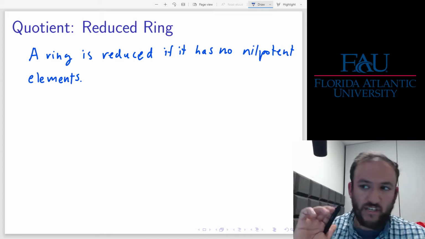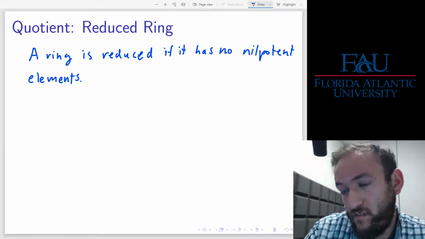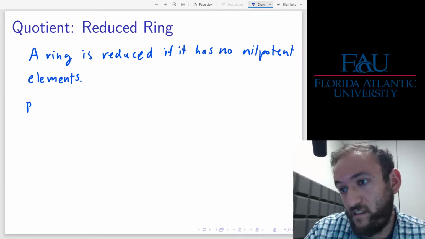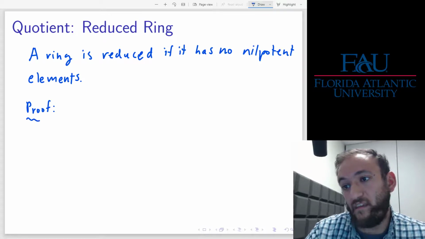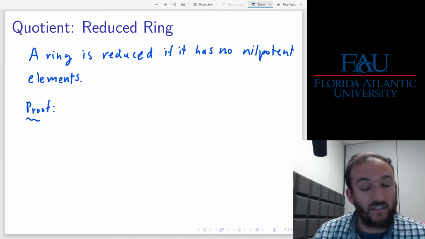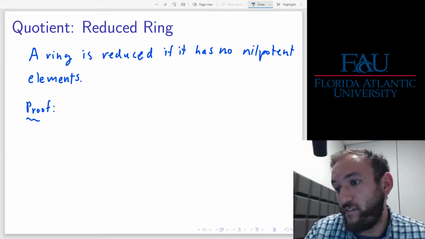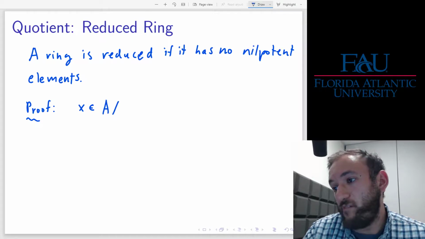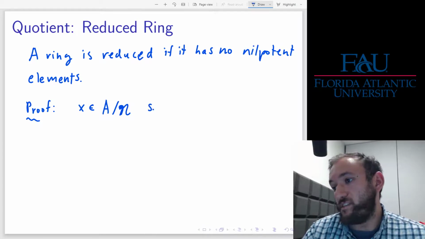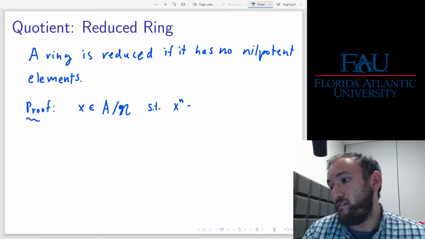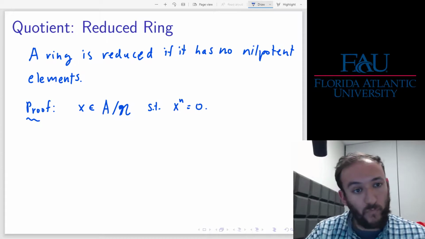We should justify this, so let's prove this claim that the quotient by the nilradical has no nilpotents. So suppose we have x in A mod N such that x to the n equals 0.